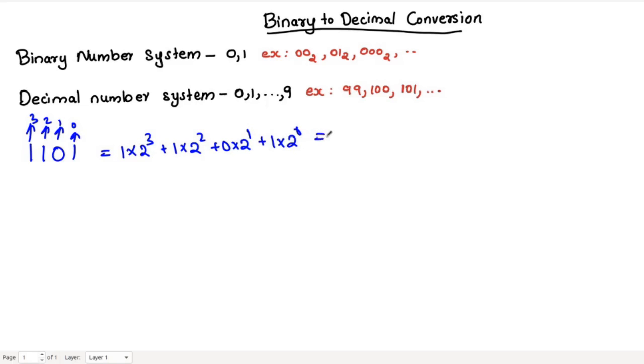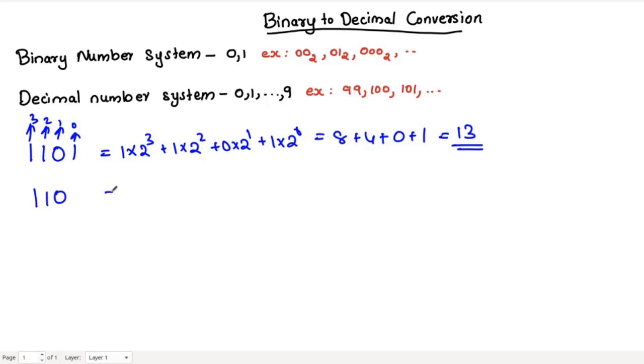That equals 1 into 2 cubed, which is 8, plus 1 into 2 squared, that is 4, plus 0 into 2 raised to 1 equal to 0, plus 1 into 2 raised to 0 equal to 1. You can see that all are powers of 2 only, since we have only 0 or 1. The answer is 13. That is 1101 equals 13.